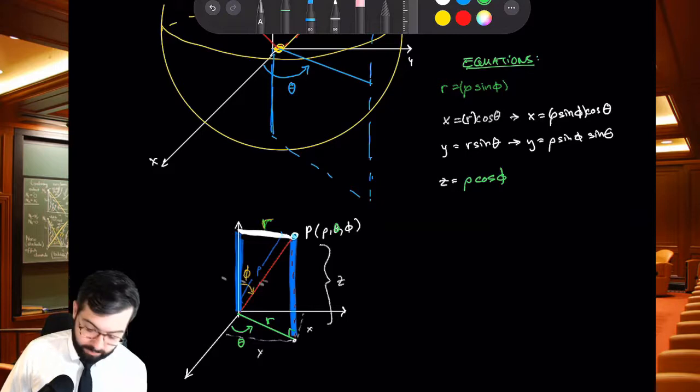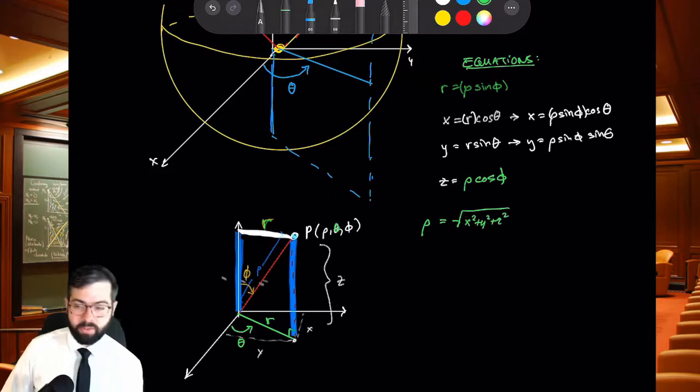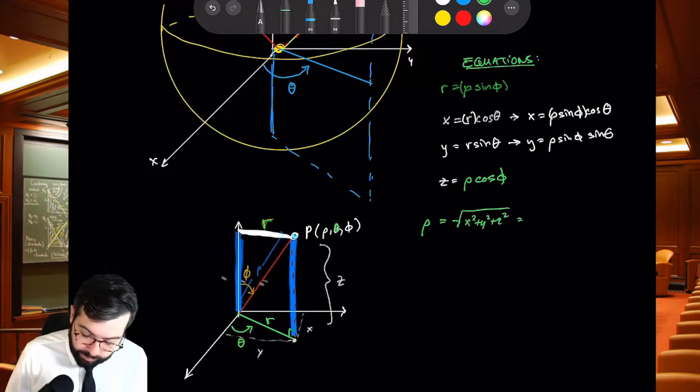And then what is rho? We said rho is the distance to the point. So if you have the xyz coordinates, it's really just the Euclidean distance, which we could also say is the square root of r squared plus z squared.